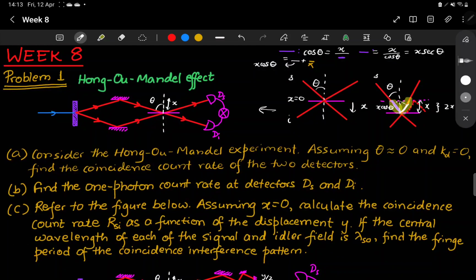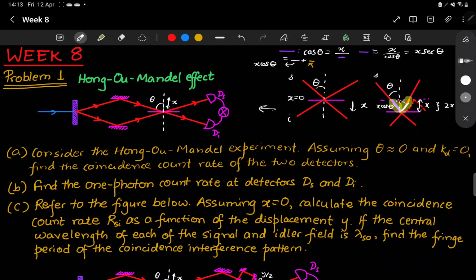Meaning, if one photon is detected at detector ds, then we can have either a situation of coincidence, that is the other photon goes to di, or we can have a situation wherein the other photon also goes to ds.